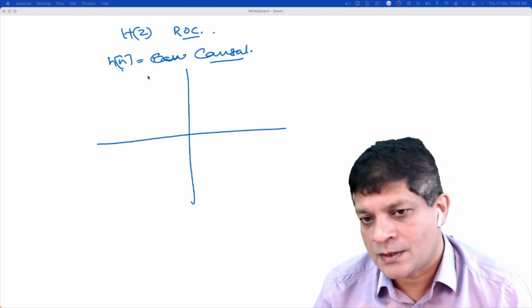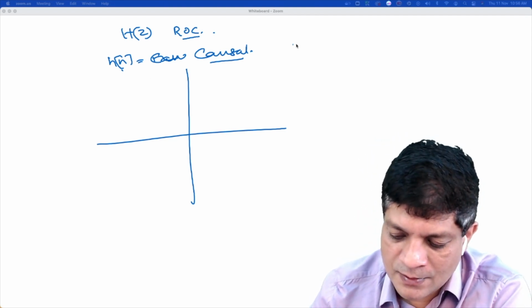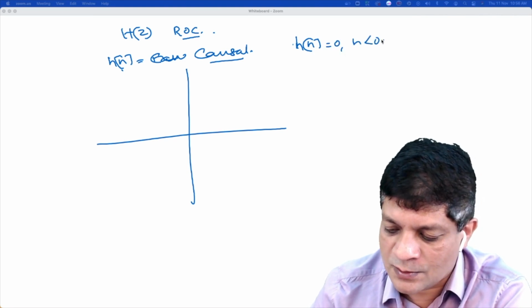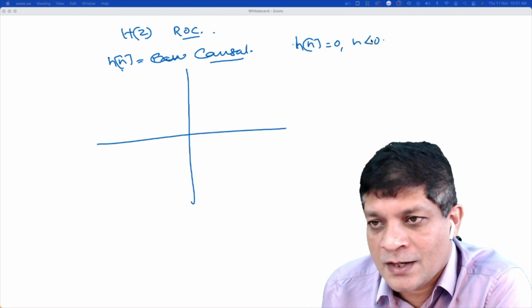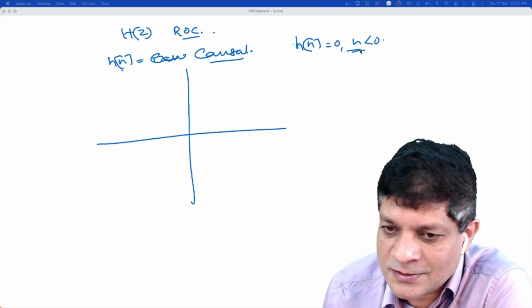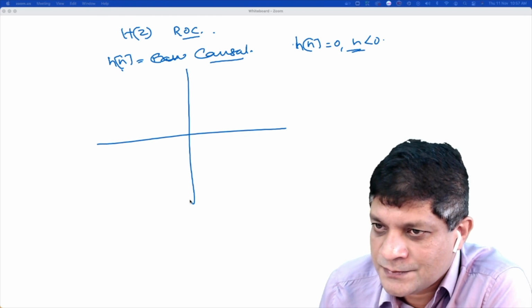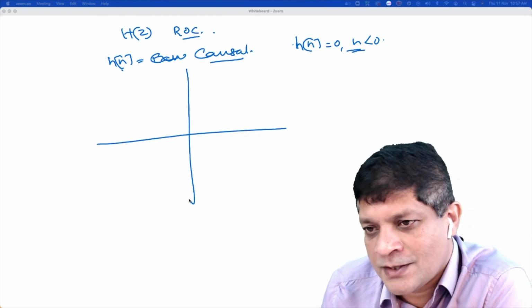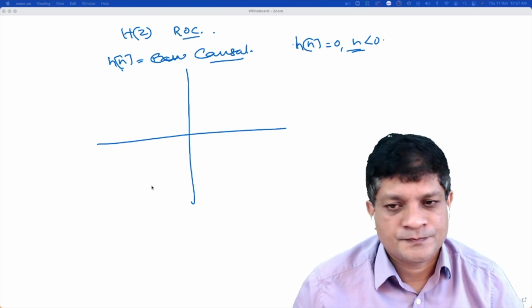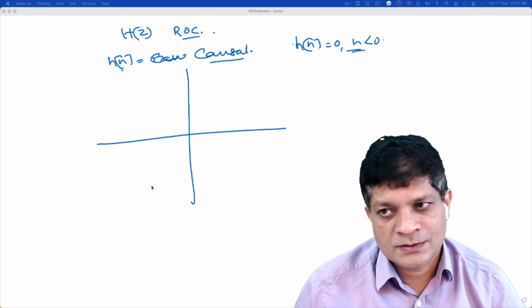Right-sided. Not only right-sided, causal means h of n is 0 for n less than 0. It is a right-sided signal, but not all right-sided signals are causal signals. Now tell me, what is the shape of the ROC?